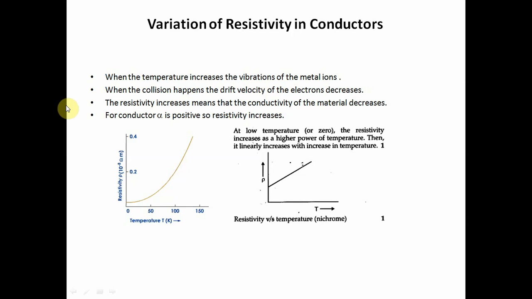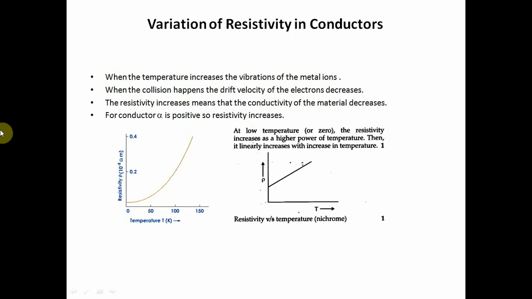The number of collisions increases. Meaning when the number of collisions increases, the movement of charge carriers, ions or electrons, in a particular direction decreases, therefore resistivity increases in the case of a conductor.